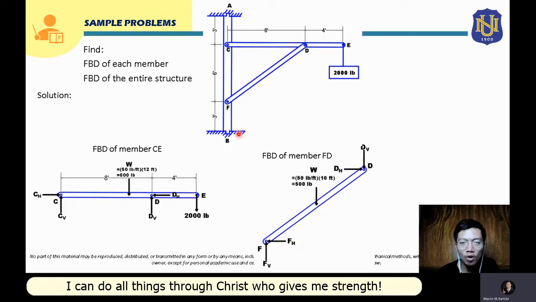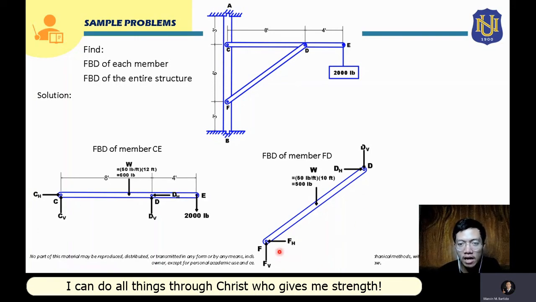Now for the support here at point F, this is pin connected also. For this, there will be two reactions as well, one horizontal and one vertical. We will assume that since your DH here is directed to the right, your FH here should be directed to the left, to keep this free body diagram in equilibrium.